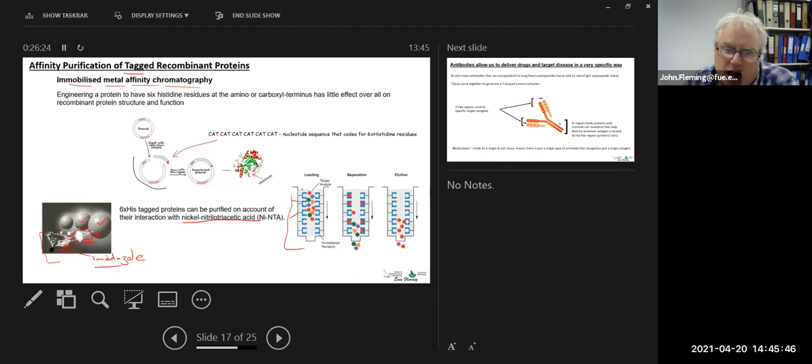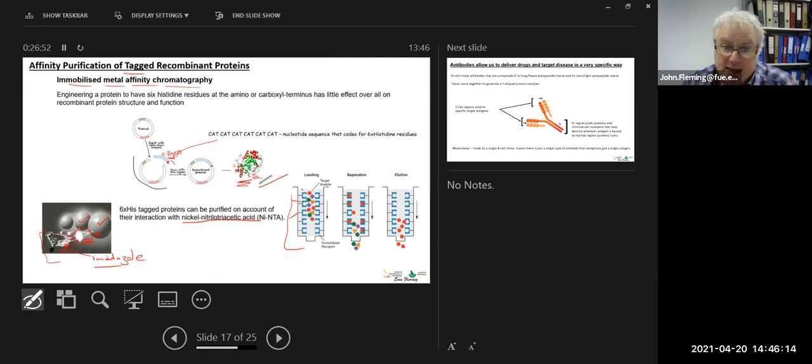So how do we get our recombinant protein here with 6 histidine residues at the end of that protein? Well, we can do it by taking the cDNA for the protein that we're interested in, the protein that we're going to make into our therapeutic protein, and to this cDNA we can add the nucleic acid sequence that codes for 6 histidine residues.